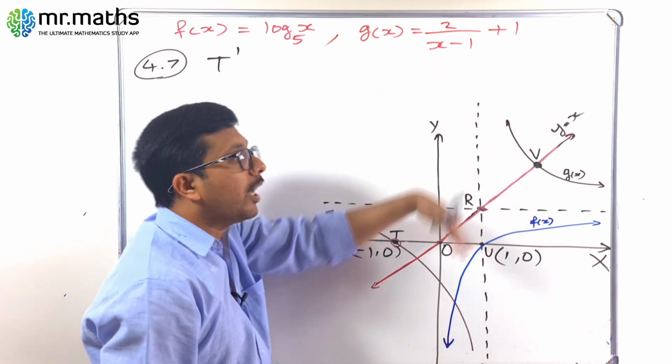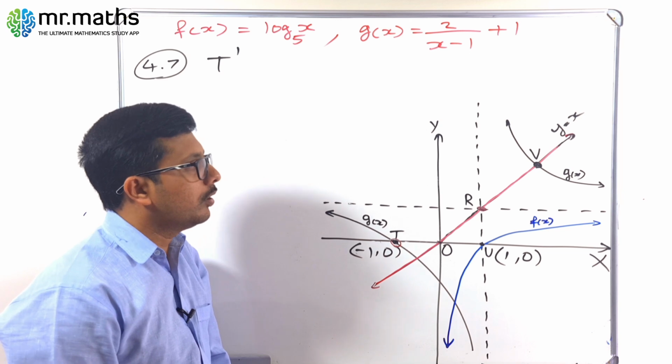That point is T dash. You have to find that point.